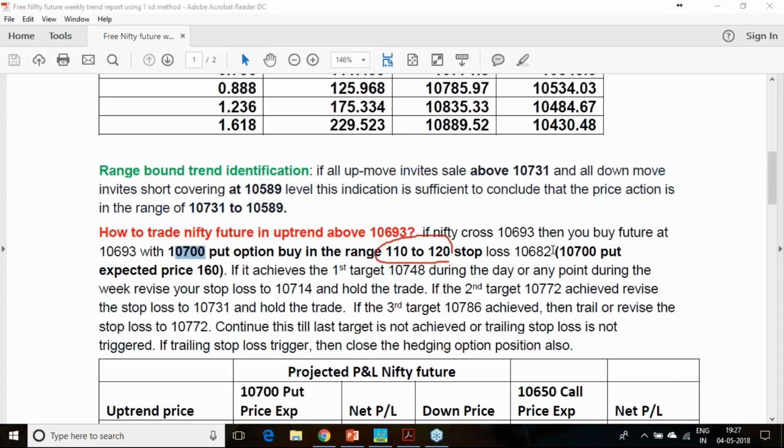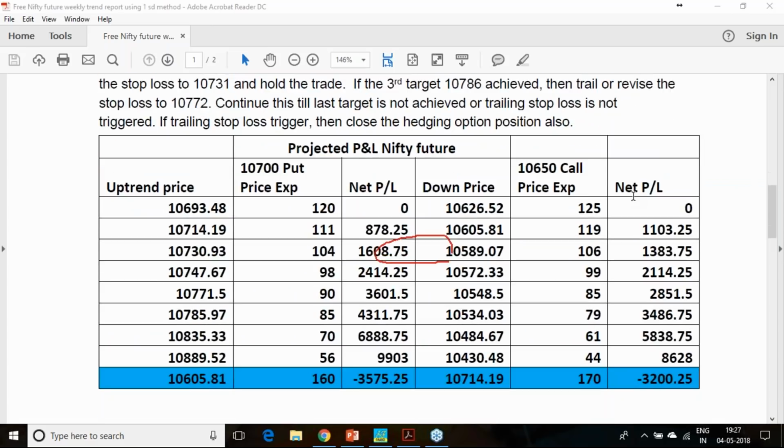I have also given a table to demonstrate, even if you hedge, how your profit and loss will be projected. If you hedge with the 120 put option, buy the future and the future moves to different levels, what net profit can you get? If it triggers the stop loss, how much will you lose?